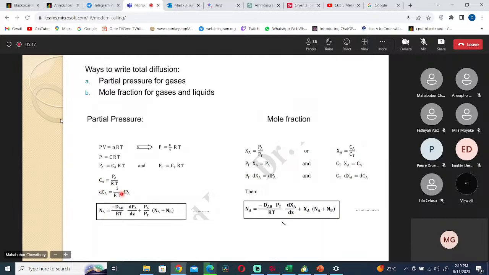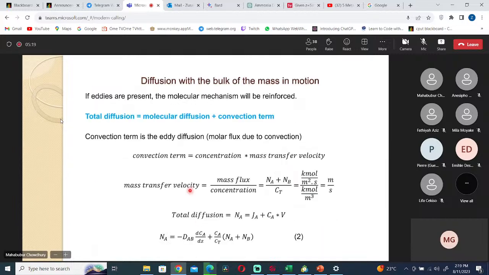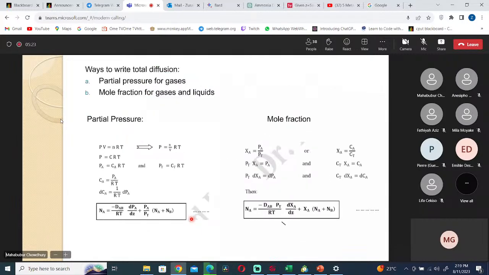So if that was my equation here, I can now replace this dCA with dPA over RT, and I can rewrite this whole equation as minus DAB over RT dPA over dZ plus this.